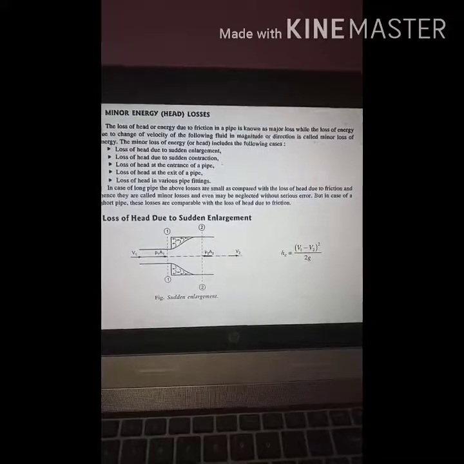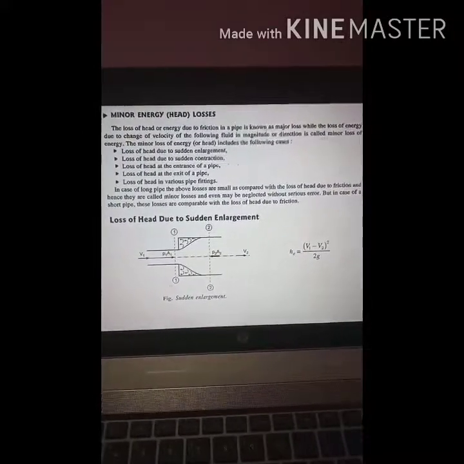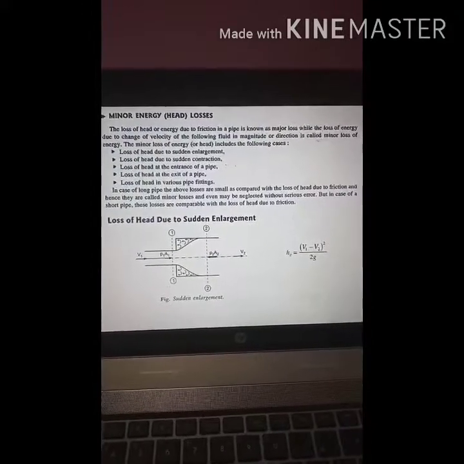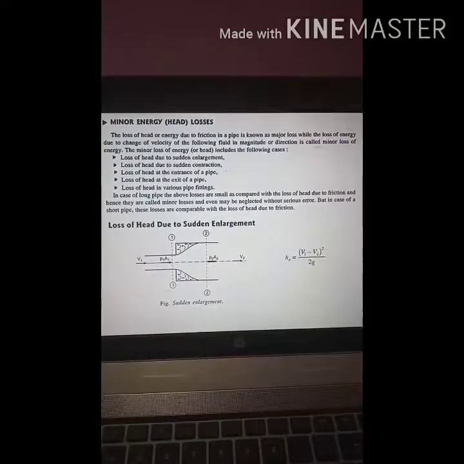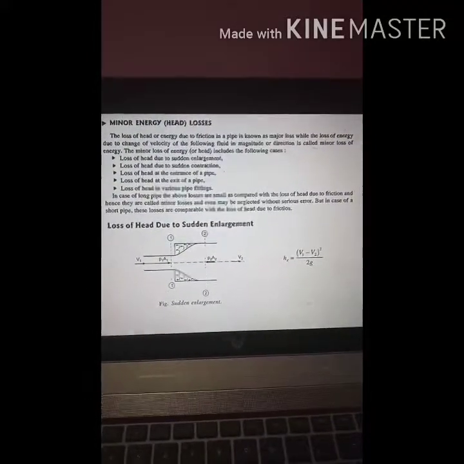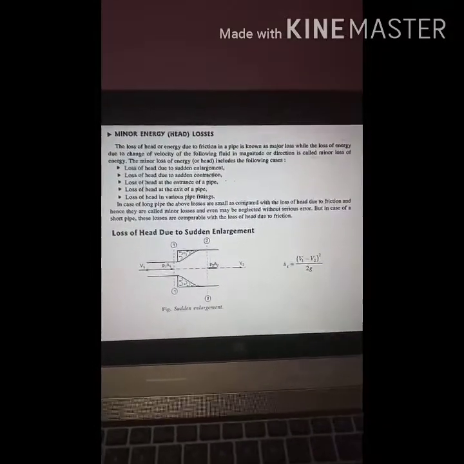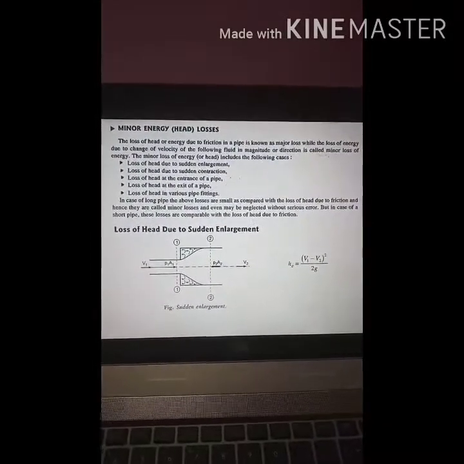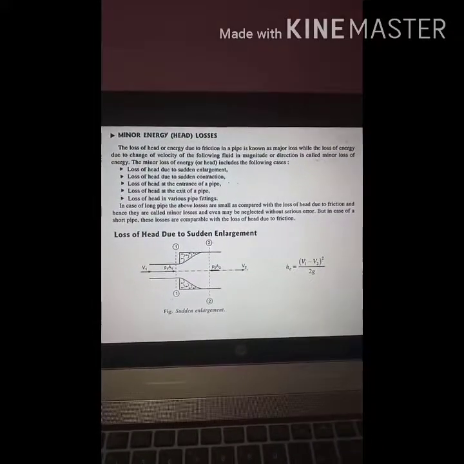So first, loss of head due to sudden enlargement, loss of head due to sudden contraction, loss of head at the entrance of the pipe, loss of head at the exit of the pipe, and loss of head in various pipe fittings such as elbow, bend or coupling. So all these are nothing but shape or area change types. That's why there are many types coming under minor losses.